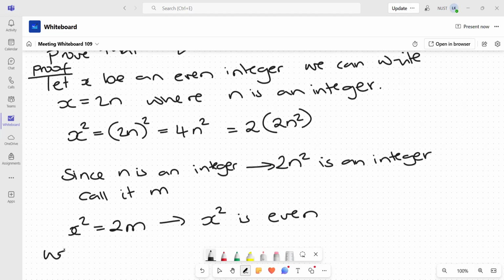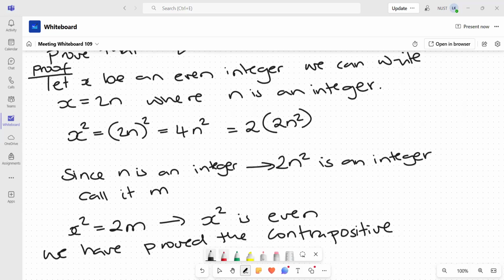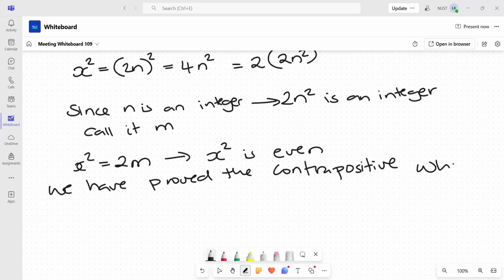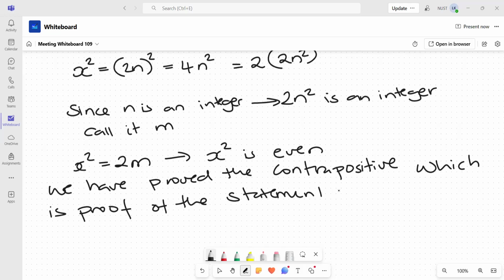So we have proved the contrapositive, which is also a proof of the statement itself, since they are logically equivalent.